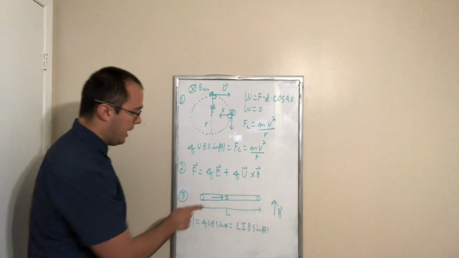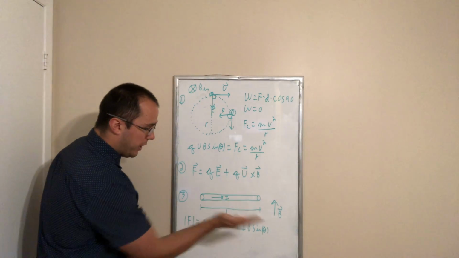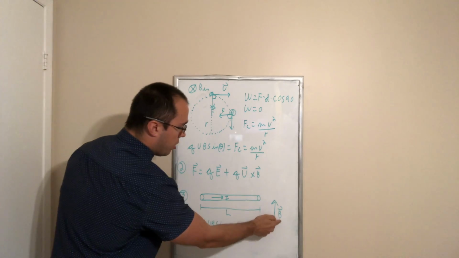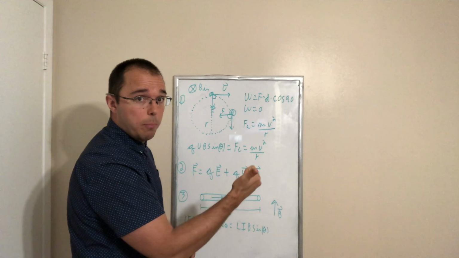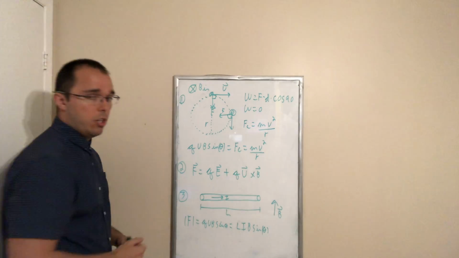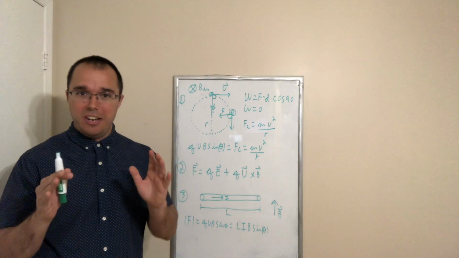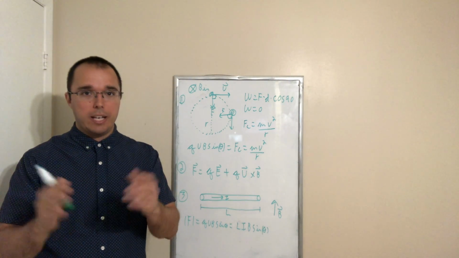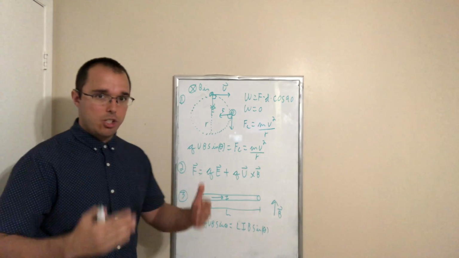So for example, in this case, we have the current moving to the right. So we point our finger toward the right, we curl our finger toward the magnetic field, and our thumb pointing out of the board is the direction of the magnetic force. And again, I know I'm repeating myself. Don't freak out. We will do plenty of examples to get used to these new concepts.